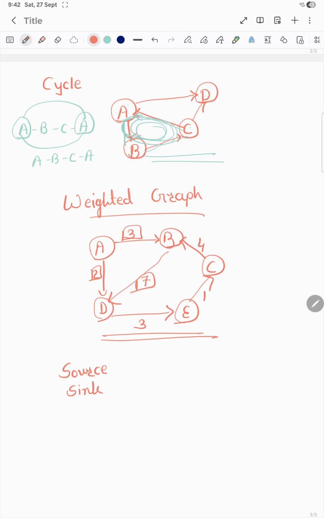So what is a source? A particular node is known as a source if it has all out degree but no in degree, right? Let me show you here, suppose I am having something like A, B, C, D, right?